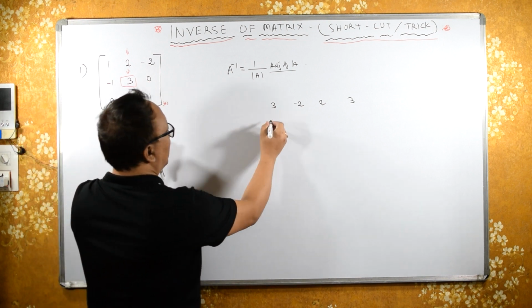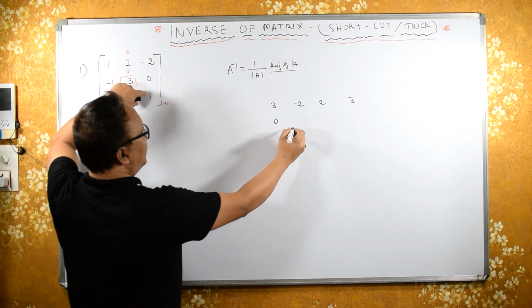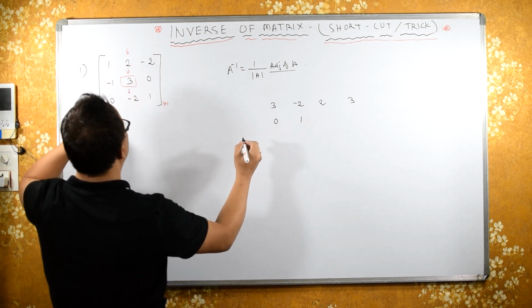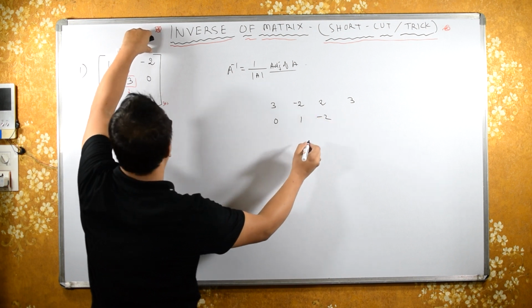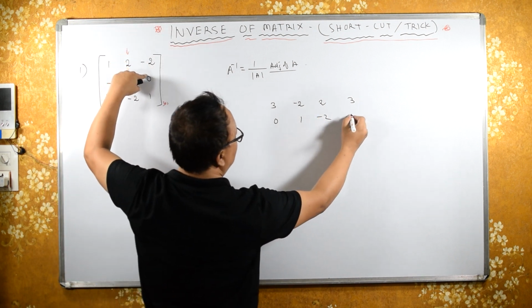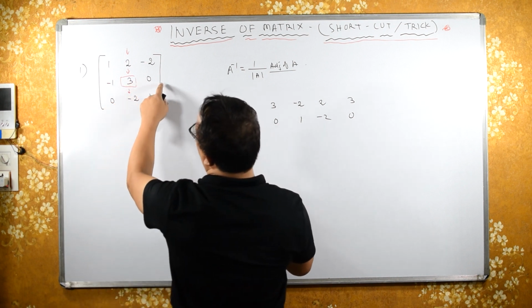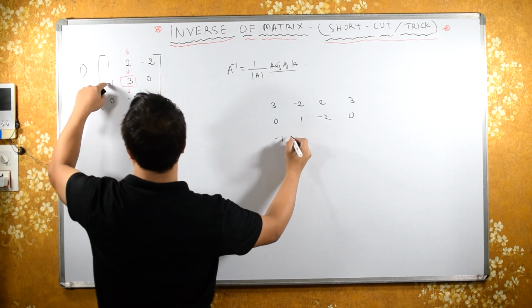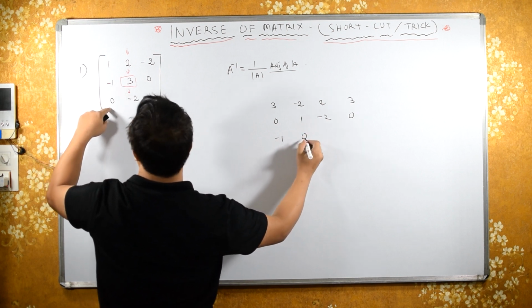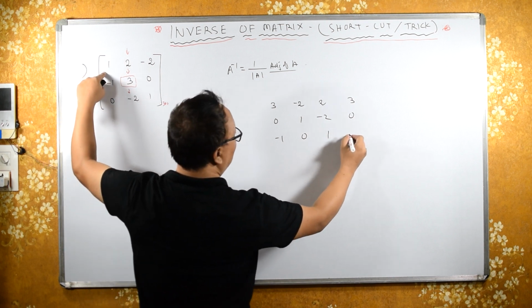From 0 going down, we have 1, then -2, and again 0. From 3, 0, and then we have -1. From -1 to 0, going down 0, and then 0 to 1, then 1 to -1.